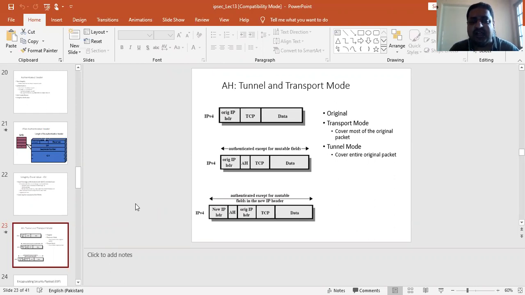It adds the header to the packet, and the header contains information about the packet, whether that packet can be securely sent to another system or not, or whether it matches a particular policy, for example.